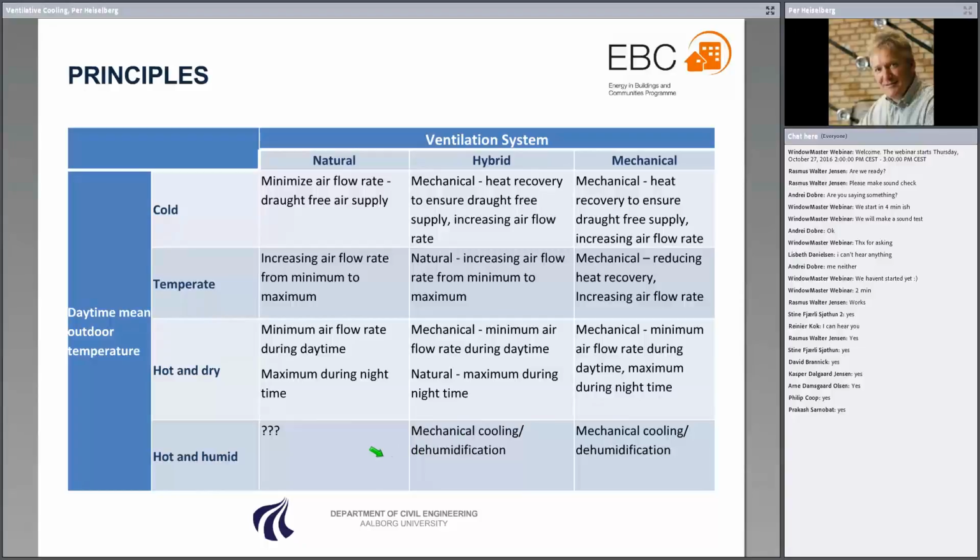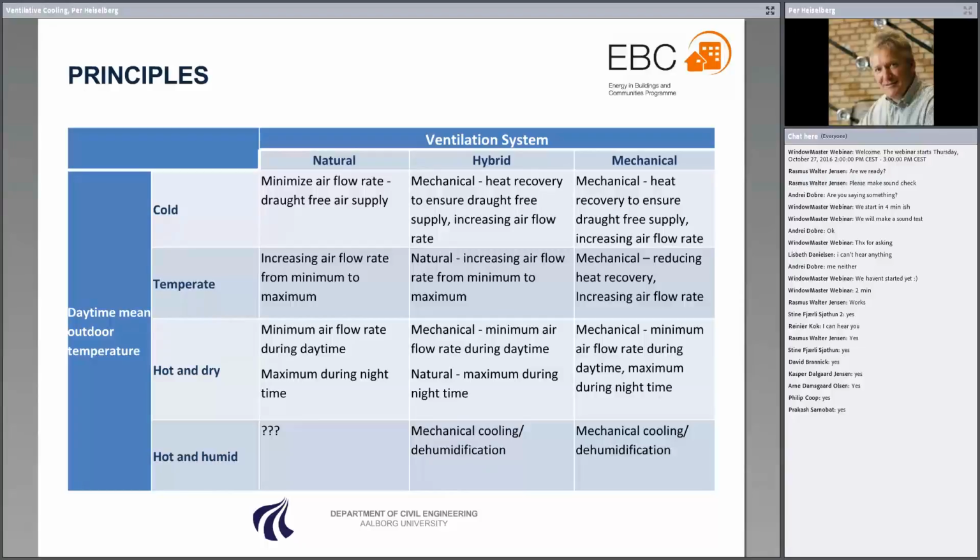And if you have hot and humid conditions, well, you cannot use the outdoor air directly for cooling. So this means in hot and humid conditions, you need to have some mechanical cooling and dehumidification to fulfill the indoor requirements. I will now give you some examples of solutions that fit into this picture.